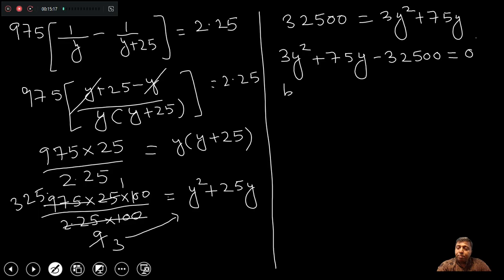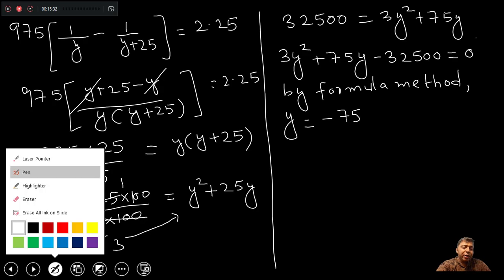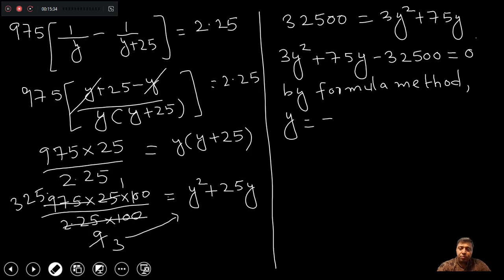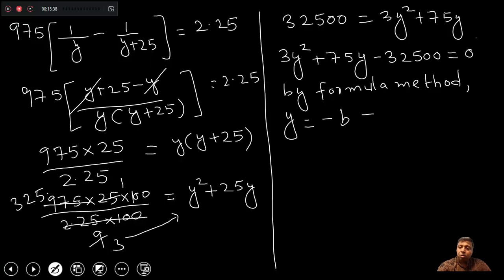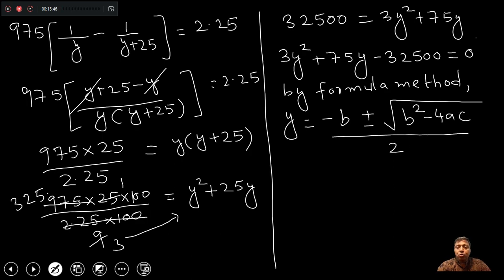So, by formula method, y is equal to negative 75. Let me write the formula first. Minus b plus minus square root of b square minus 4ac upon 2a.